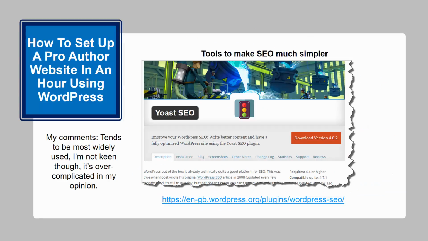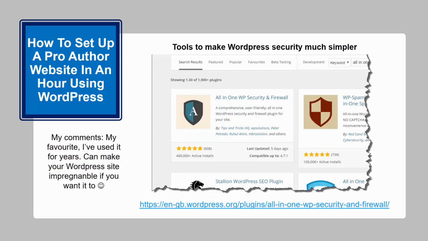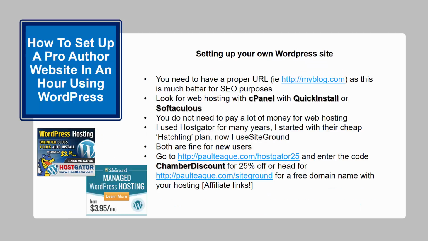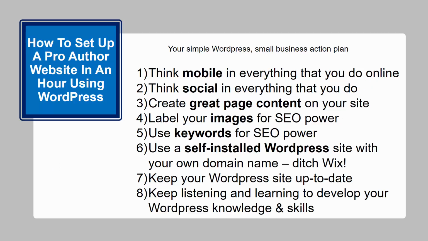So please do download the slides. I've given you the links to the plugins that I use in the examples. There's much more information in the slides that I haven't had time to go through in this very short presentation. There's also a discount code if you want to use HostGator rather than SiteGround and try a different hosting company. And finally, I've talked to you about buying your own domains. I've shown you where I get my own domain names from, Fast Hosts.